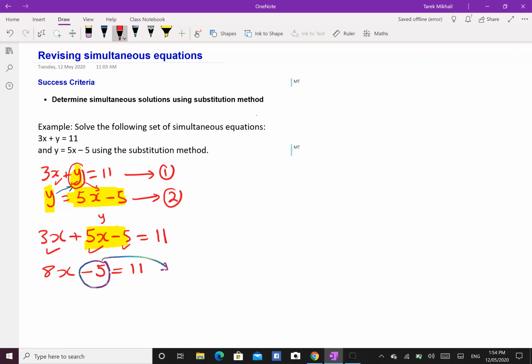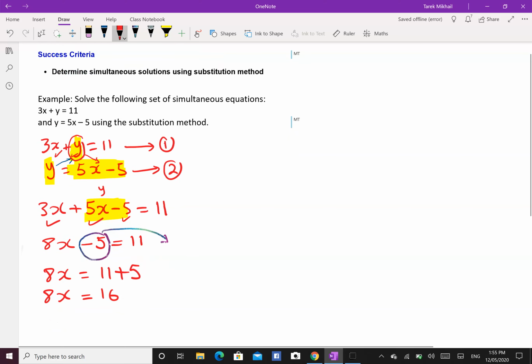So this will be 8x equals 11. When you move it, you have to change the sign, so this negative becomes plus 5. So 8x equals 16.